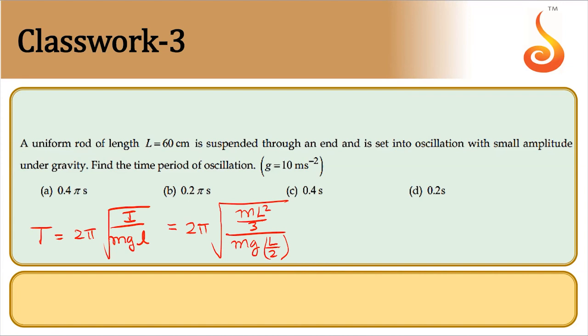They have given it is a uniform rod. So that should be 2 pi root of, m and L get cancelled. So it will be 2L divided by 3g.